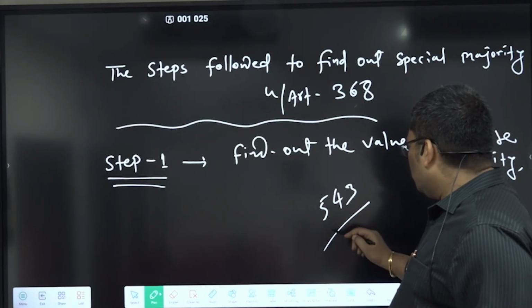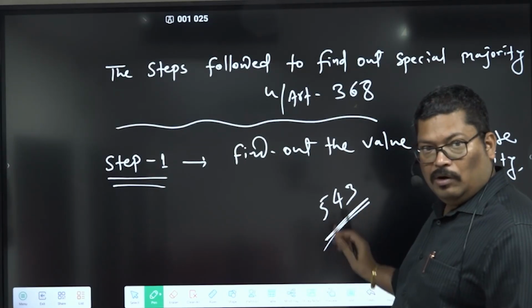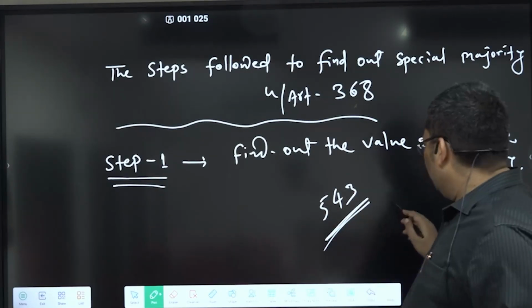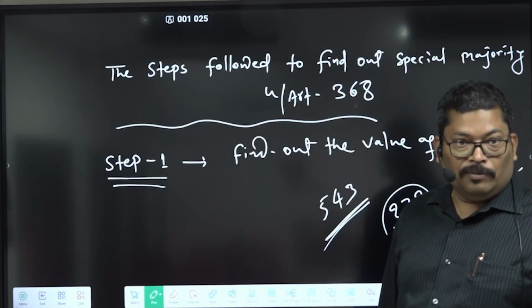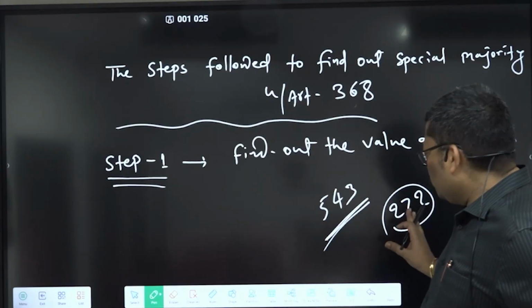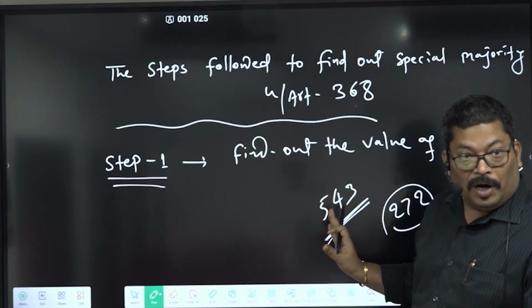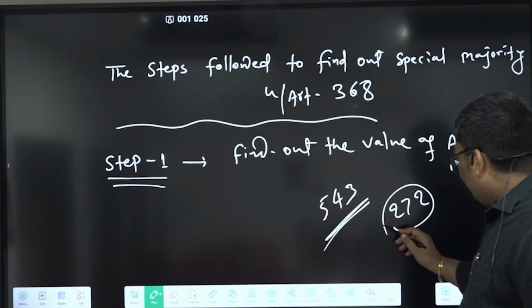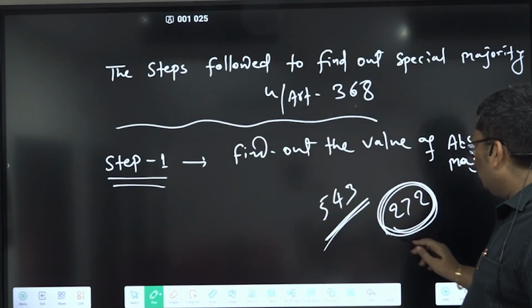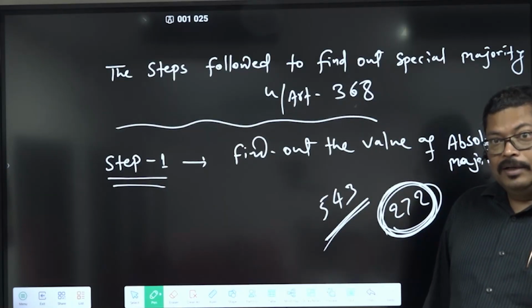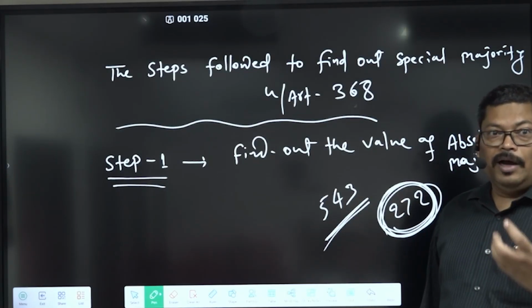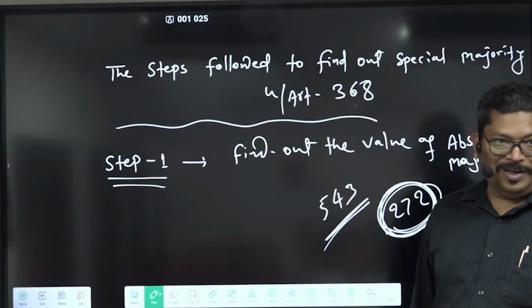So, what should be the absolute majority out of this figure? 272. A party or a coalition of parties, if successful in finding this magical figure, is assumed to give us a stable government.